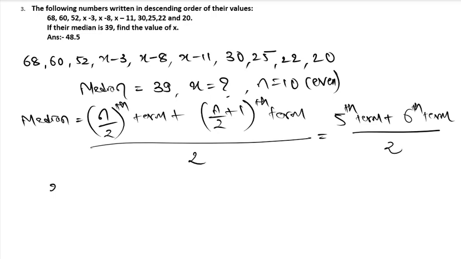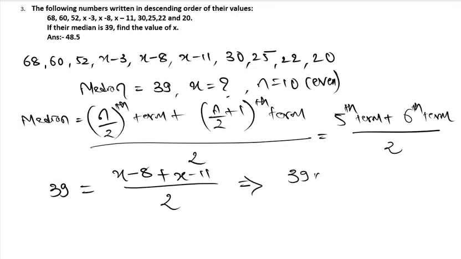What is the median? Median is 39, right? 39 is equal to, what is the 5th term? 1, 2, 3, 4, 5, x minus 8 plus, what is the 6th term? x minus 11, the whole upon 2, which gives 39 into 2 is equal to 2x minus 19.